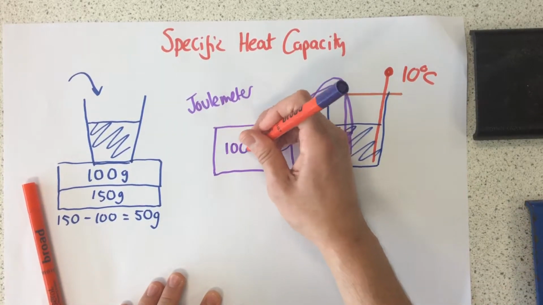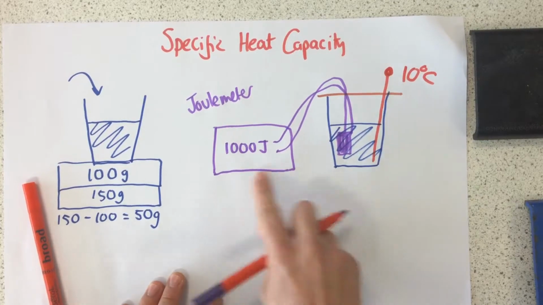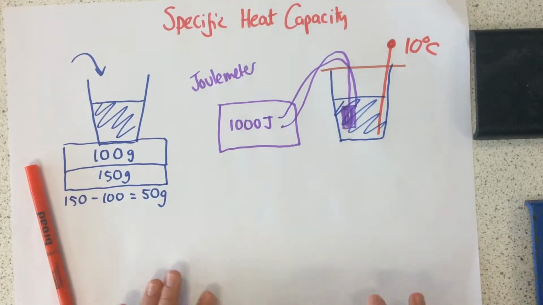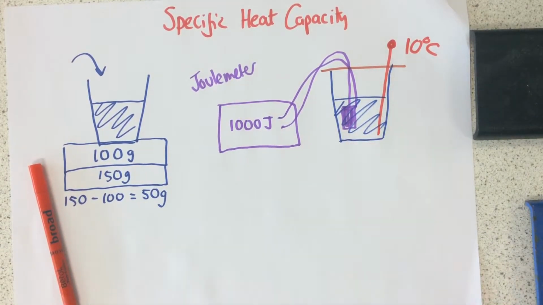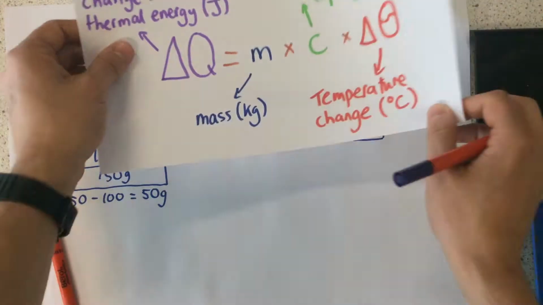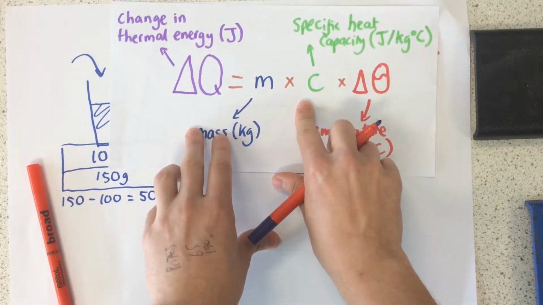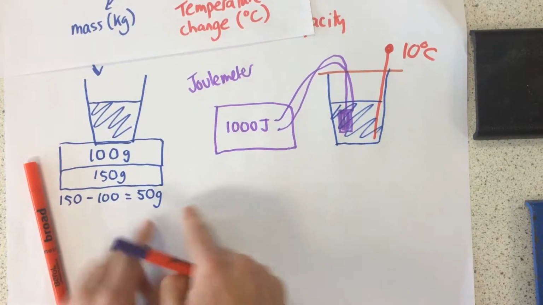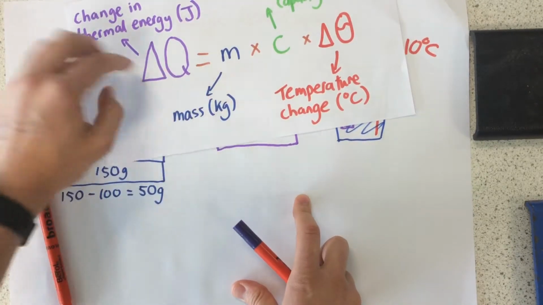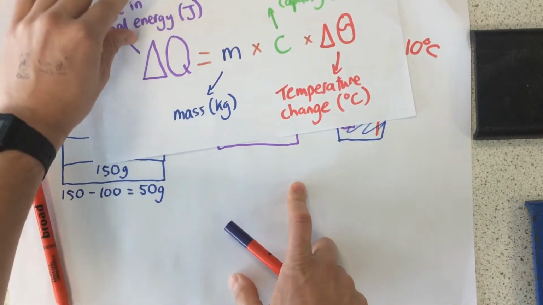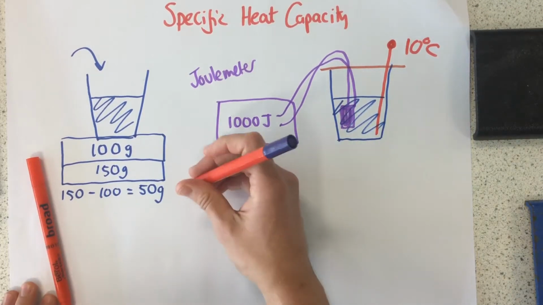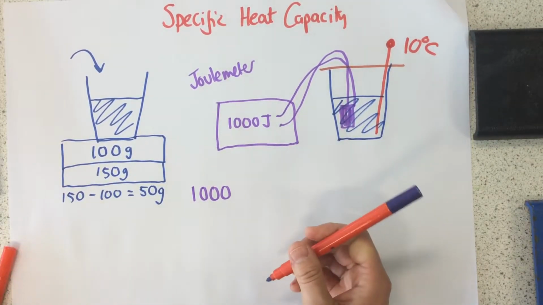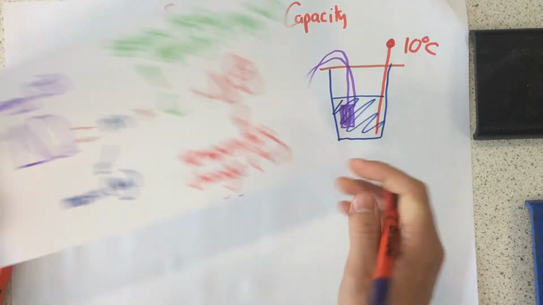So let's say, for sake of argument, it took 1,000 joules to raise this liquid by 10 degrees C. So now I've got everything that I need in order to try and find the specific heat capacity of this substance.